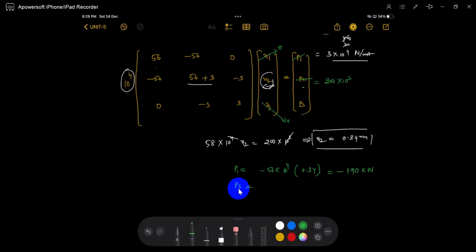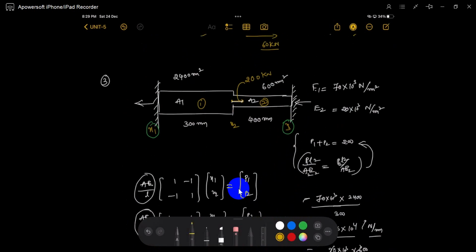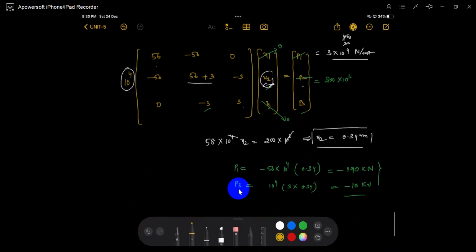Same, P3 you will get: minus 3 into u2, 3 into 0. So 3 into 10 power 4 into 0.34, that is 10. You already know P1 plus P2 equals 200. So this is 190, this is 10. Both come to negative, no?